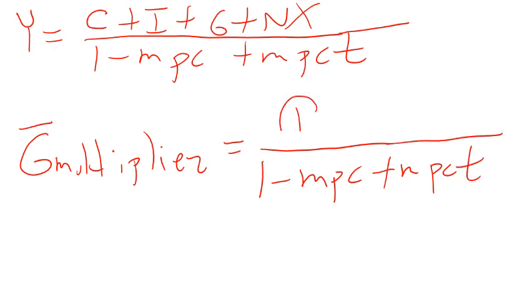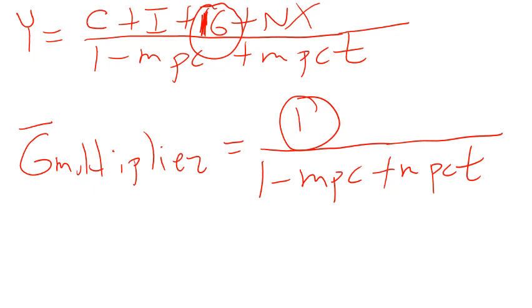So where did I get the 1 from, other than just saying, well, it's this hypothetical extra dollar in government spending? Well, actually, mathematically, 1 is the implied coefficient of G, isn't it? 1 is not the value of G. We know that the value of G is 100, but the implied coefficient of G is 1.